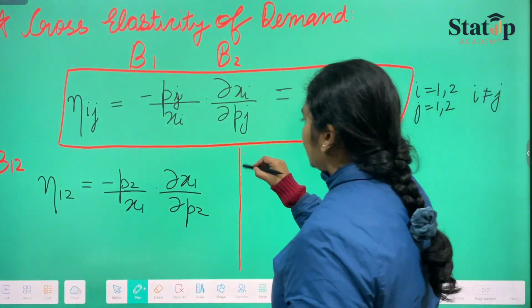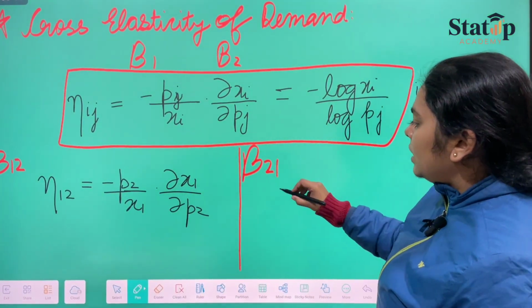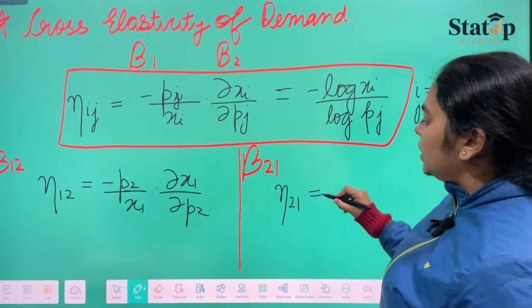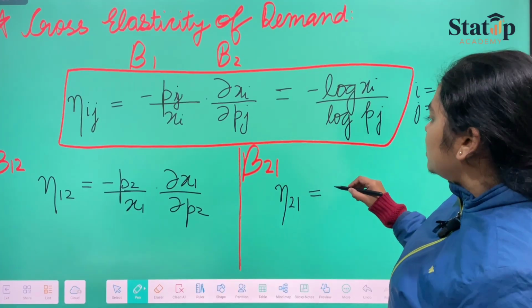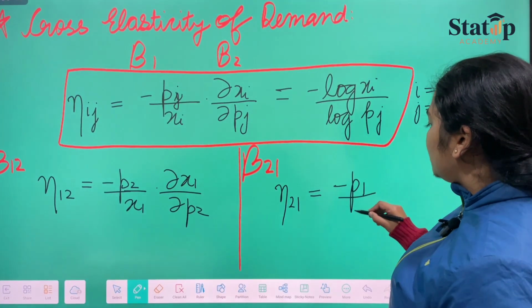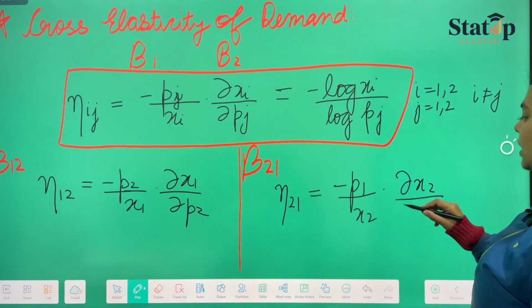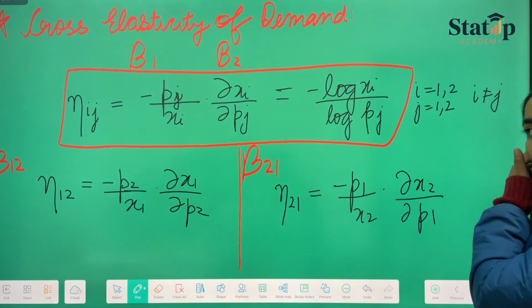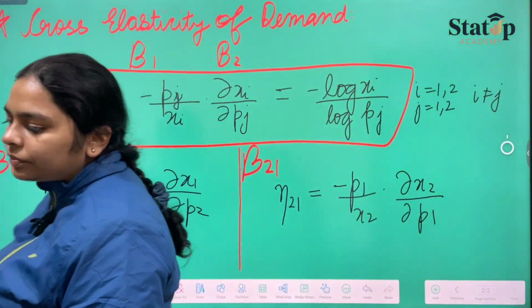If we have to calculate it for B21, then it is the relative change in demand of commodity B2 with respect to the relative change in price of commodity B1. This can be written as minus P1 upon X2 into delta X2 upon delta P1. This is known as cross elasticity of demand.